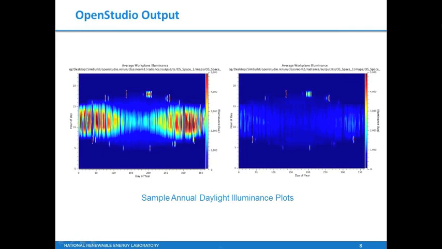So we feel like this is a very important capability that we're taking advantage of in Radiance through OpenStudio to much more accurately characterize the daylight performance of the building with actual occupants.